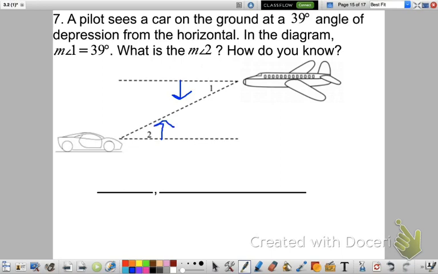So, if the pilot is looking down, that means that this is his angle here, angle 1, and that is 39 degrees. The question asks us, what is the measure of angle 2 here? Hopefully, you're thinking that it is equal to 39 degrees because these are alternate interior angles.